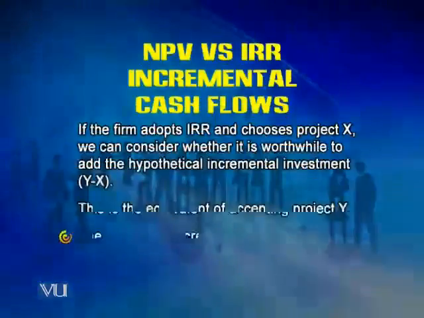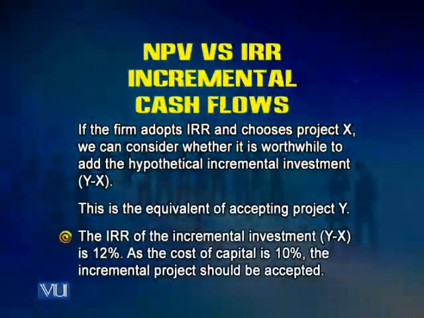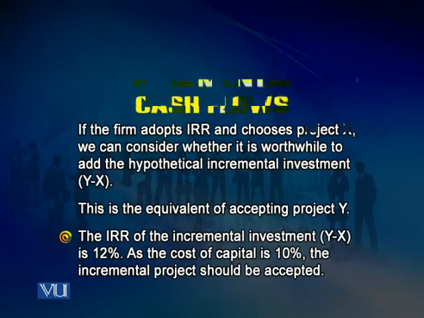So we would accept project X, and we would also accept the incremental, and therefore this is the same as if we have accepted project Y. And so our decision using the IRR and adding the incremental would be to move from X to Y. So we would be accepting project Y. And that indicates that we are accepting the NPV basis and not the IRR basis.